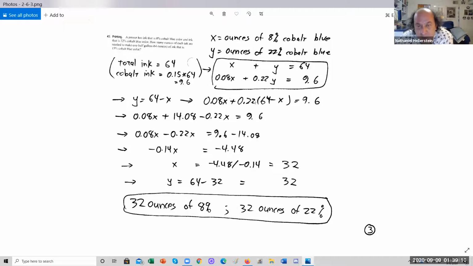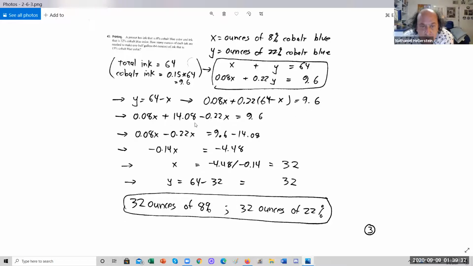Okay, now as before, first order of business is to distribute 0.22 over the 64 and minus x. You do that, you get the equation 0.08x plus 14.08, that's that times that, minus 0.22x equals 9.6.